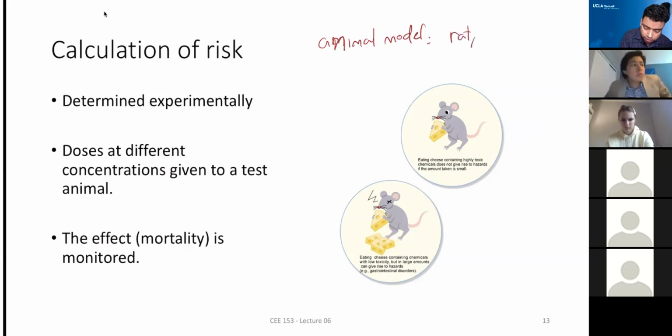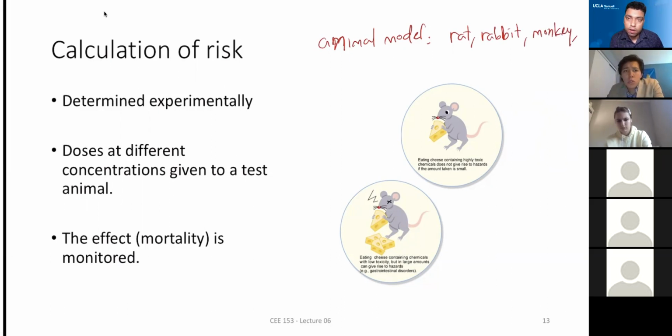They use rat, rabbit, monkey. As you know, it's rarely done on humans. But they assess the concentration in the human body, and they try to infer those things. I know it's not ethical, but this is the way people do it. There is no alternative way right now.